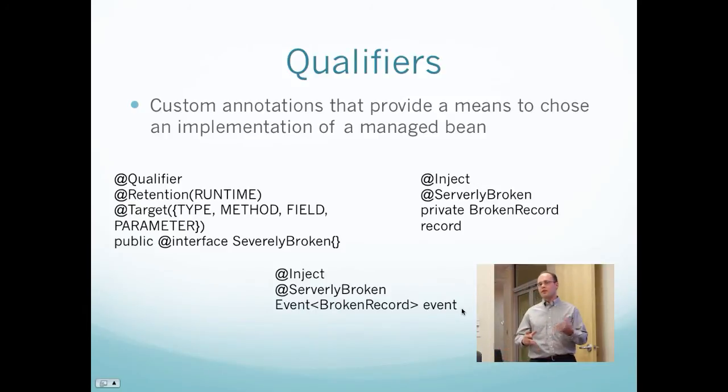Some of the tutorials out there will show you, say, a credit and a debit event, where you have a payment event and choose whether you want to use a credit or a debit event. In this one, I'm going to inject a broken record event, but in this case I want one that's severely broken, and severely broken would pick a particular subclass of broken record. That's not the only way to pick, like I showed you earlier. If you want to pick an alternate implementation, you could use alternatives and then configure that.